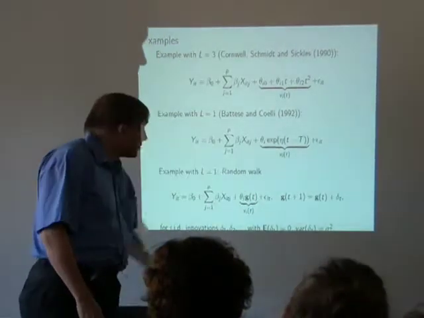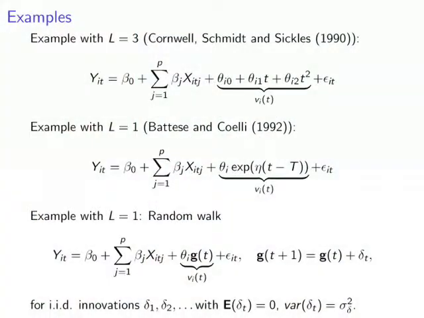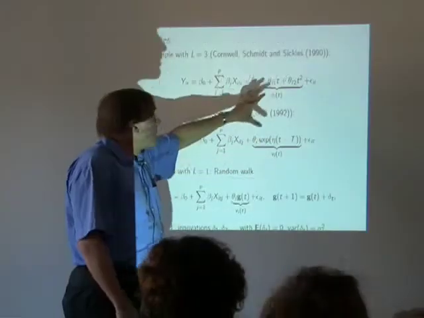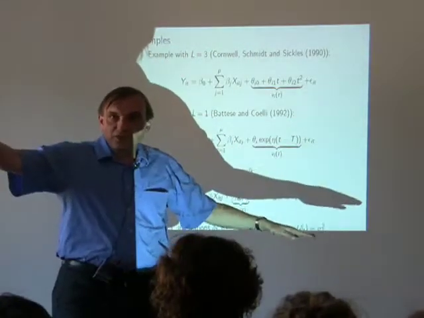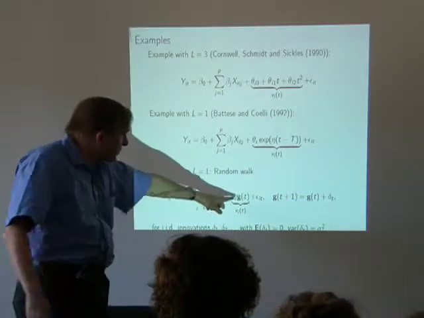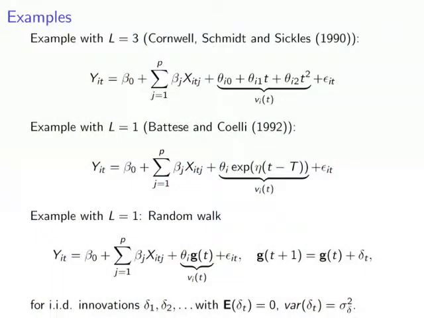And this is another possibility. For example, also L equal 1, and the G may be a random walk. So this is something I want you to keep in mind, which is a major complication in this theory, because I have in mind that the V's may be smooth functions over time, but it may also be something like a random walk. And the random walk, you have it for a period t plus 1, t plus 2, but it's not defined in between periods.